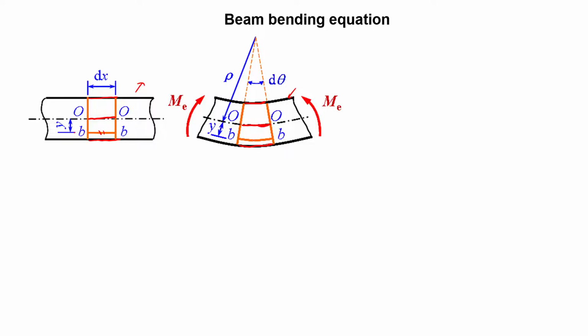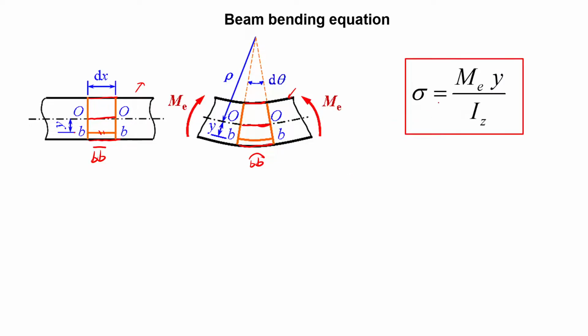But the BB now, if we use a straight line to denote that, is no longer equal to your arc length, right? So using a geometric relationship, we can derive the beam bending equations. If you want to know more detail, just look at our previous video, which shows you the derivations.